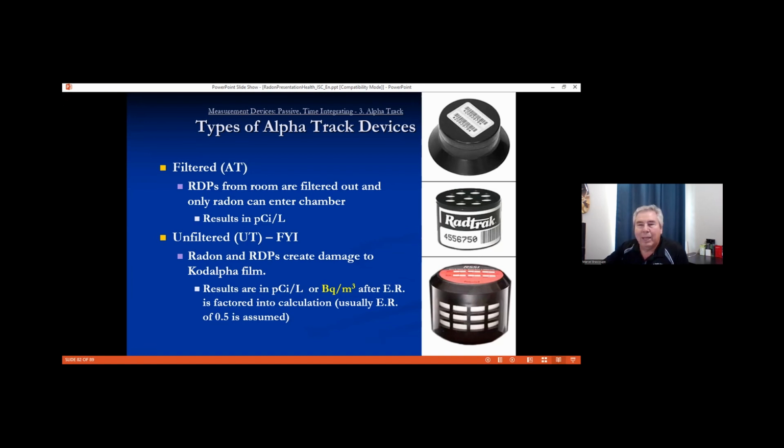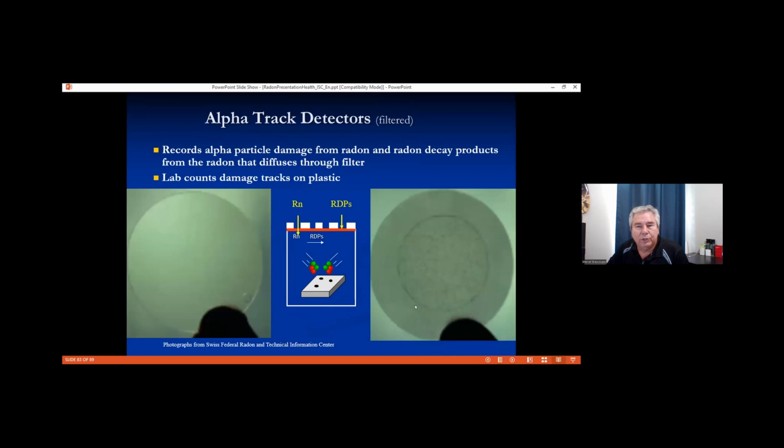They'll take out the little plastic film that's inside and put it under a microscope, and with the number of pits that they see on the plastic, they're able to tell what the radon levels are in the room where you measured, and they'll send you a report on that. Very common device used in Canada. So again, here's what you would see under the microscope.